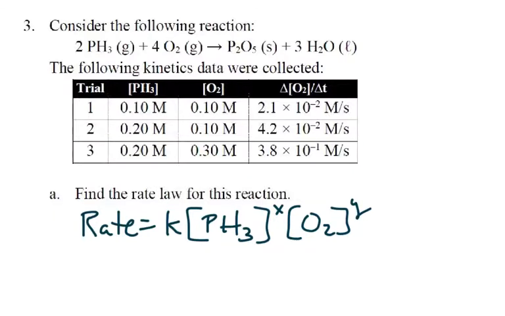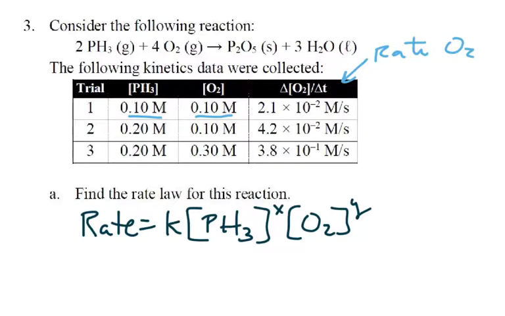So this is information collected in trial 1, 2, and 3, saying if we started with 0.01 mole per liter of PH3 and 0.1 of the O2, then this is the rate. It's not labeled rate, but we know that it's the rate of the disappearance of O2 because it's the change in concentration of O2.